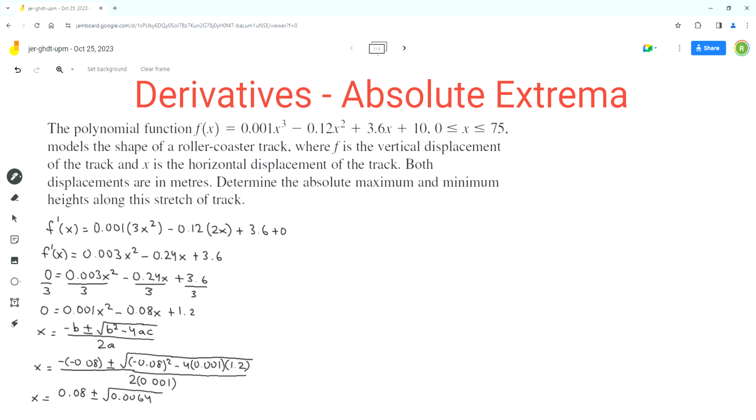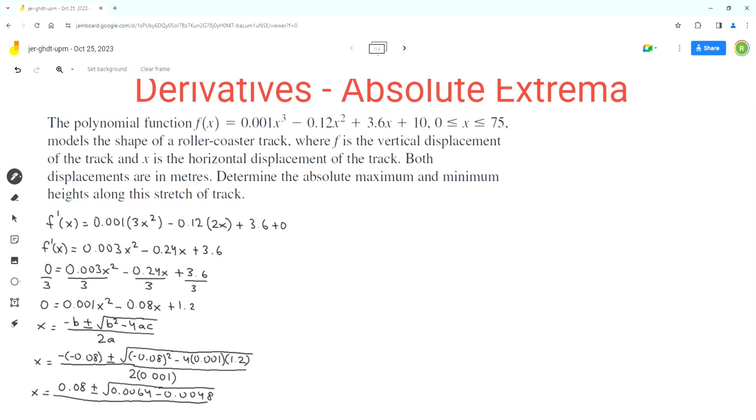So 4 times 0.001 times 1.2, and that's 0.0048, over 2 times 0.001, which is 0.002.